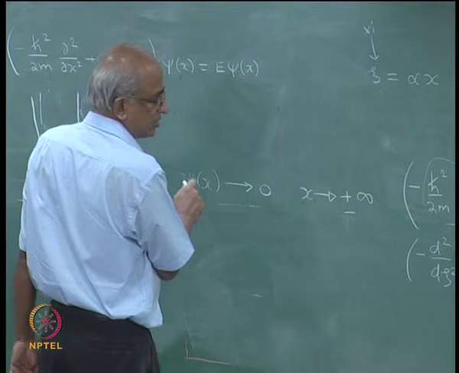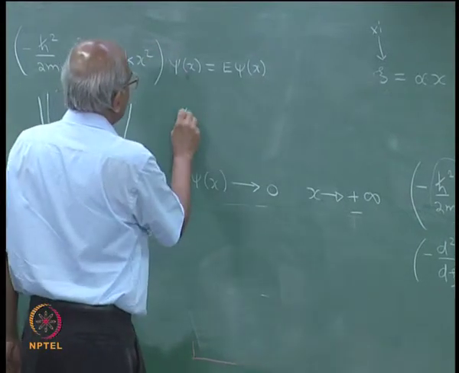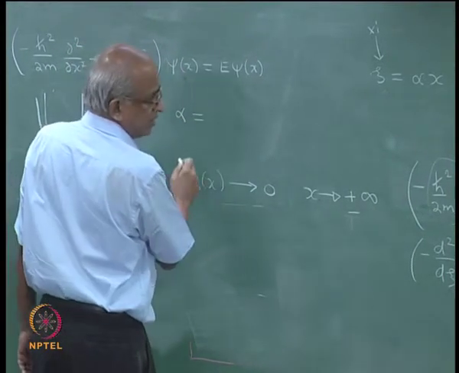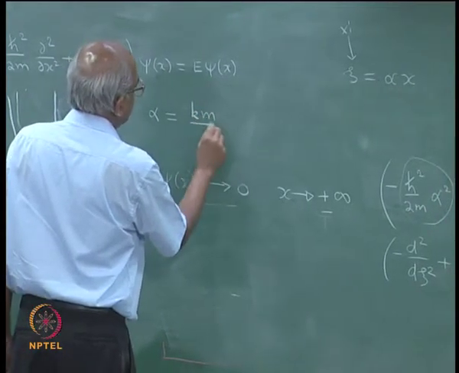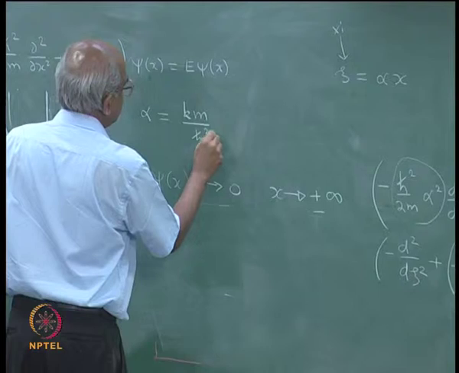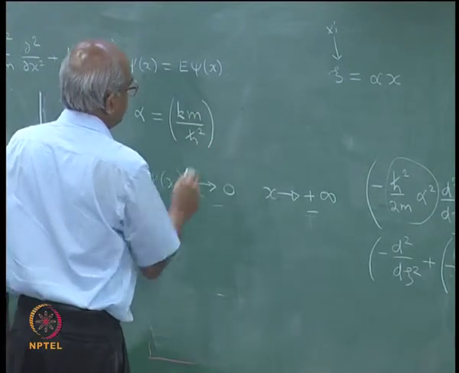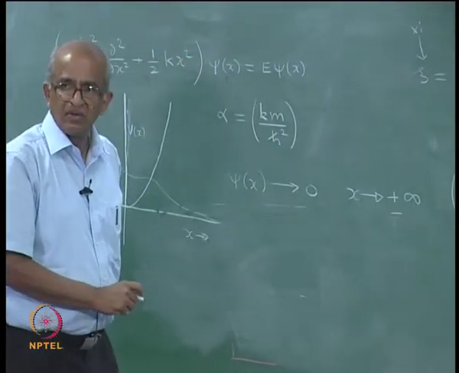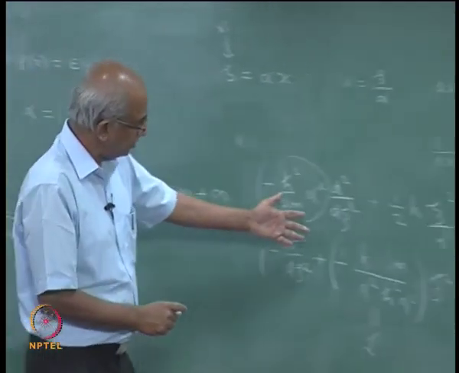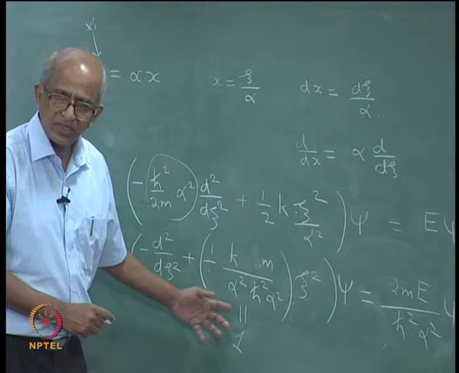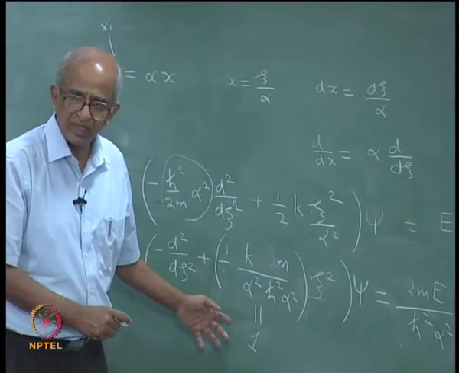So, essentially I can attain that by defining what should be my definition of alpha. If I define alpha to be k into m divided by h cross square to the power of how much? See, I want this to be equal to 1. So, what should I choose alpha to be?